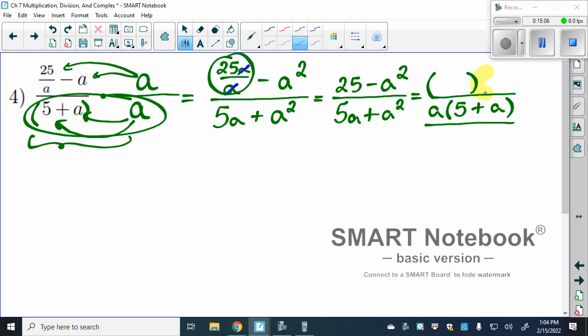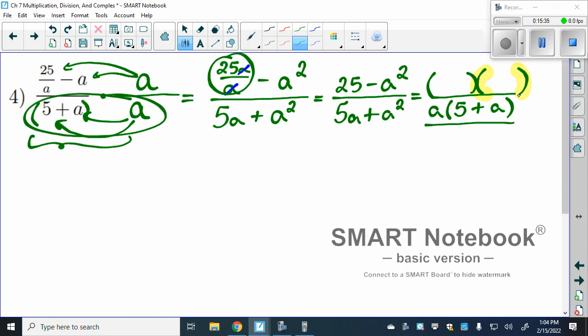Now the numerator is factorable. Well, 25 minus a squared, is that still a difference of perfect squares? Is 25 a perfect square? Well, it's 5 times 5. A squared is still a perfect square. It's a times a. We're used to it in the form of a squared minus 25, but this still works.